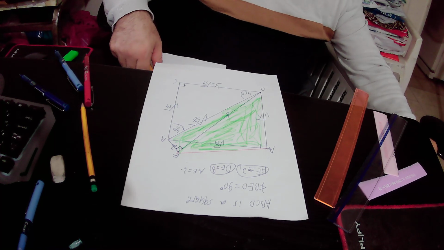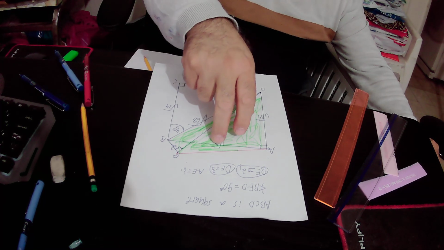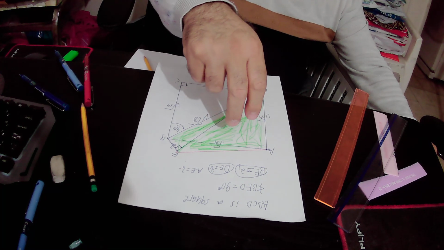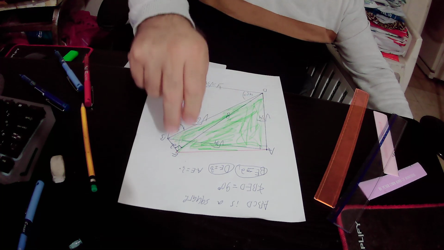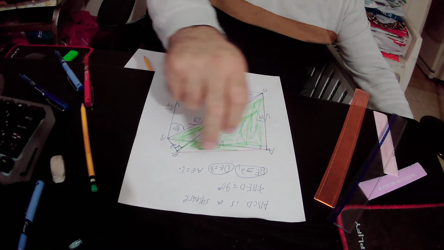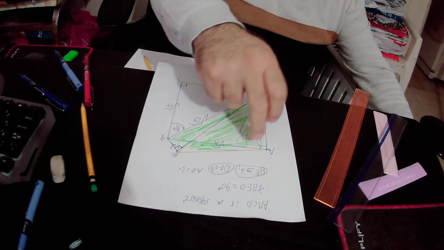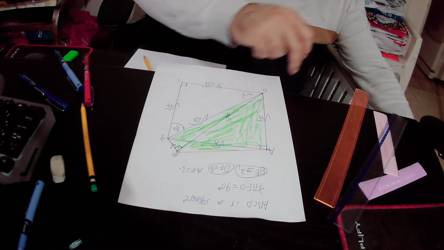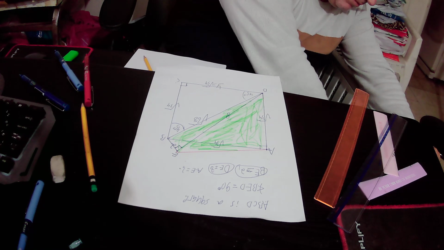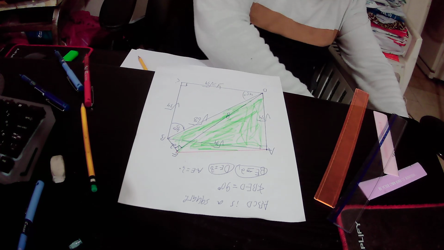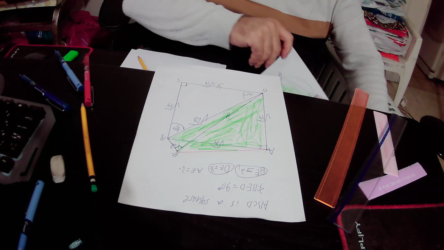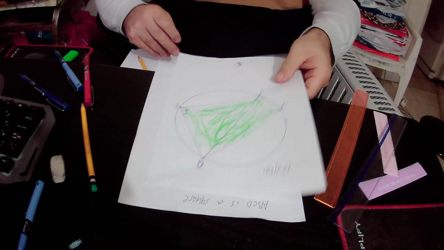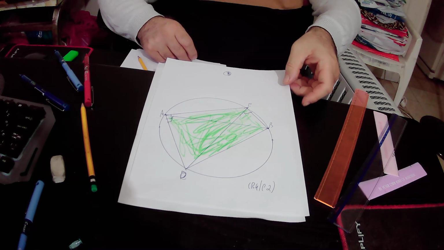We arrive at the conclusion that this green quadrilateral AEBD is inscribed by a circle, and the 4 points A, E, B, and D lie on that blue circle according to rule number 2. So we actually arrived at this drawing according to rule number 2.